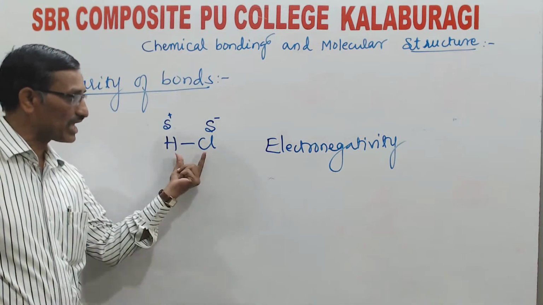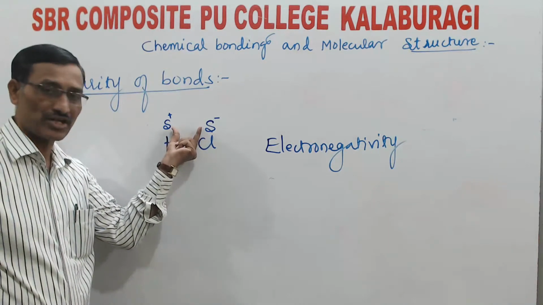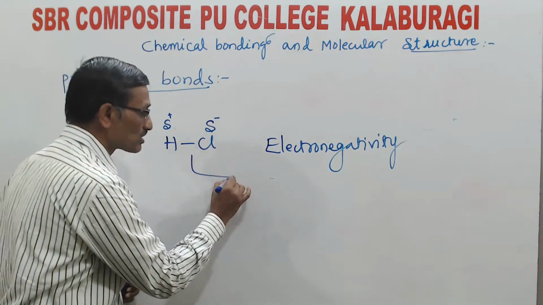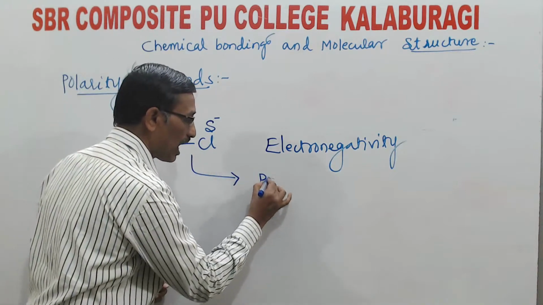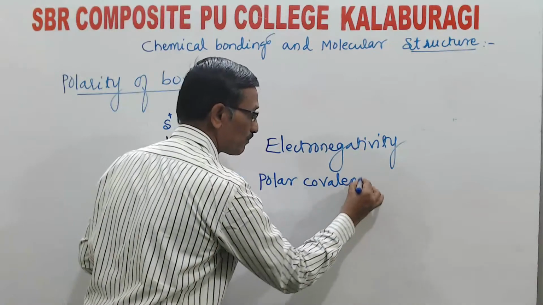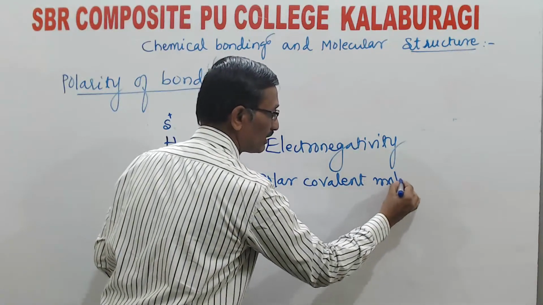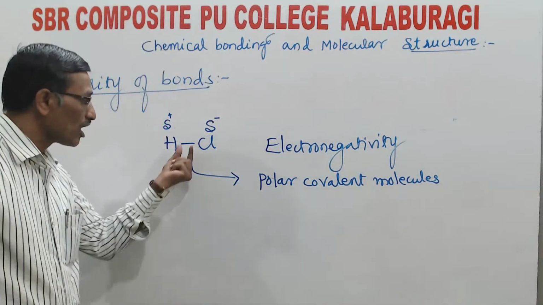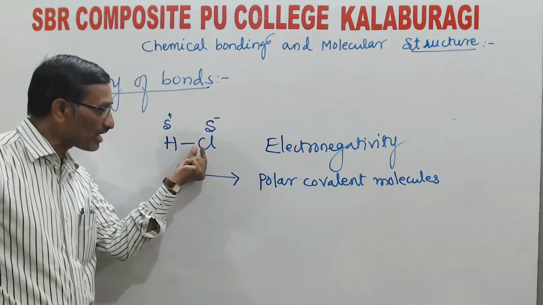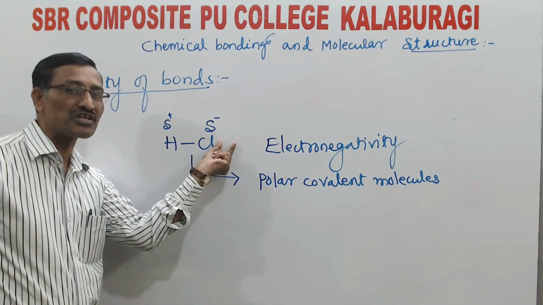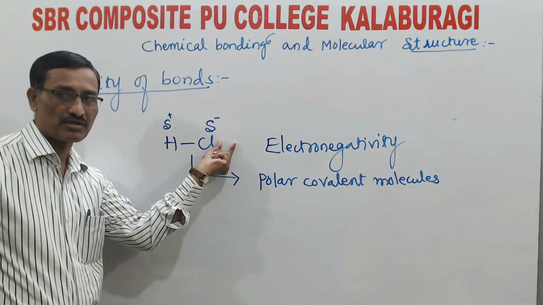In this case there is a charge separation. Such molecules are known as polar covalent molecules. Why? Because the bonded pair of electrons is attracted towards the more electronegative atom. That you have to remember.